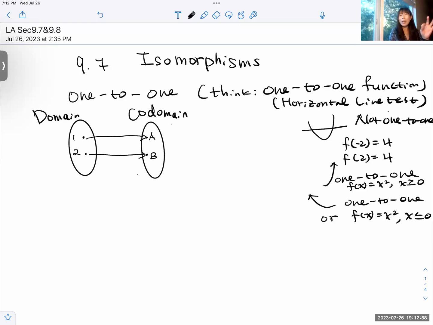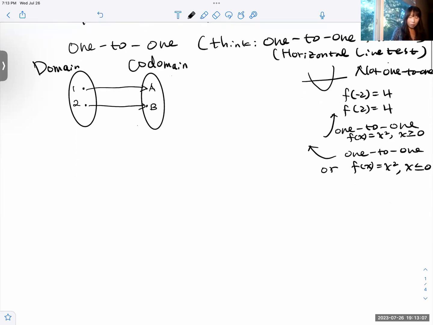So basically one element from the domain is sent to one element in the codomain. That's the one-to-one, right? Okay.